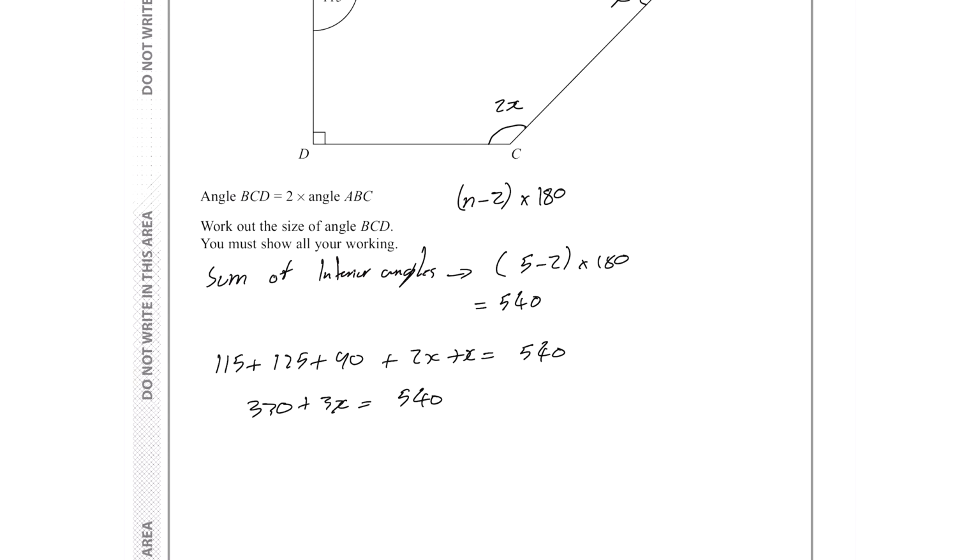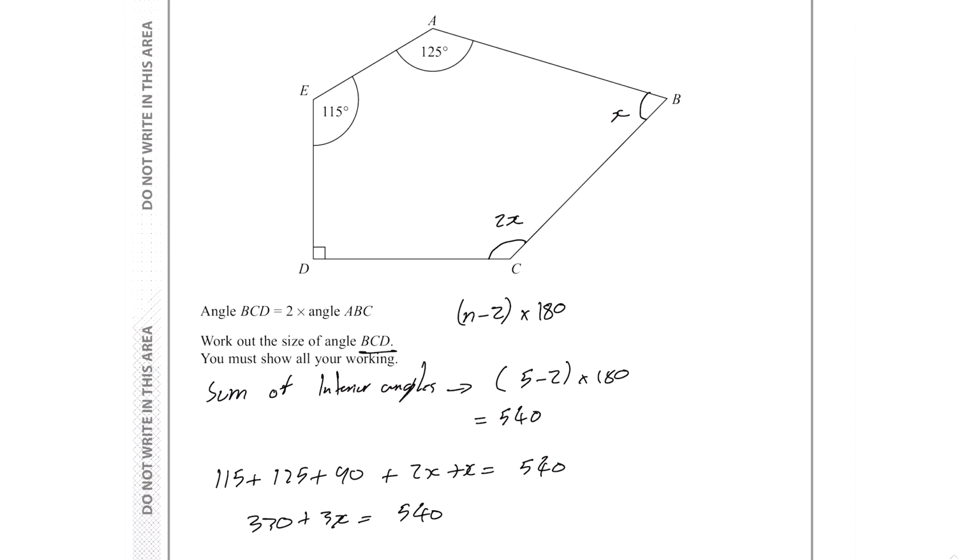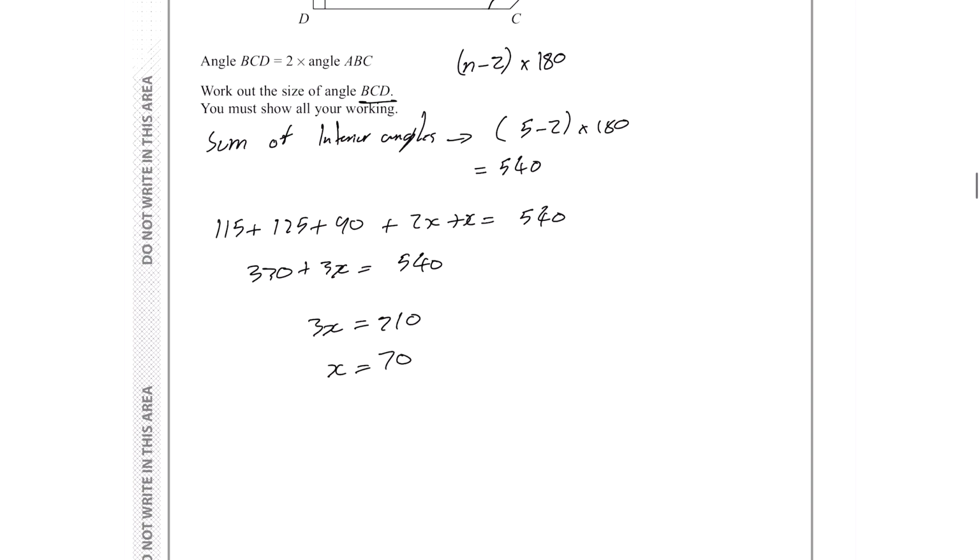Then I can subtract 330 from each side, and that gives me 3x is equal to 210. I can divide each side by 3. Now x is equal to 70, but the question asked us to find BCD, and that's 2x. So our answer is 2 times 70, which is 140 degrees.